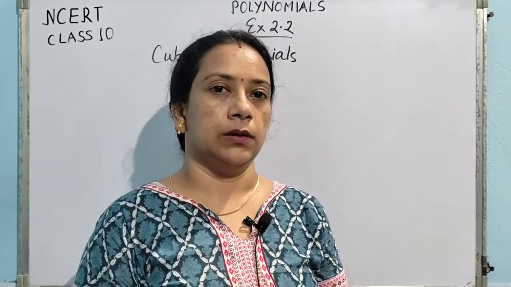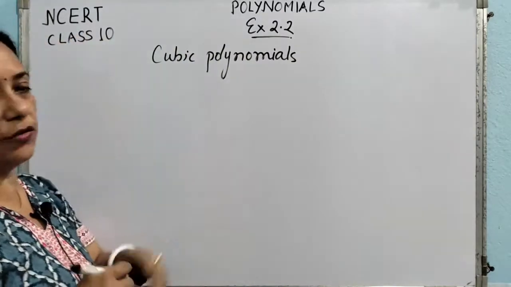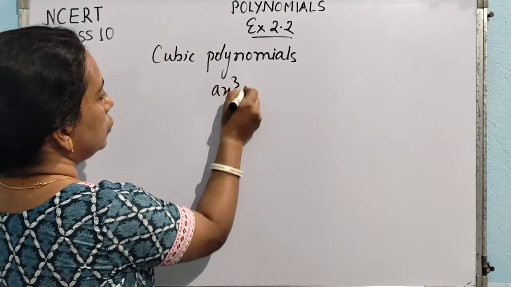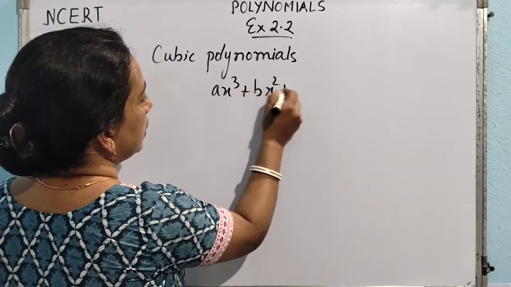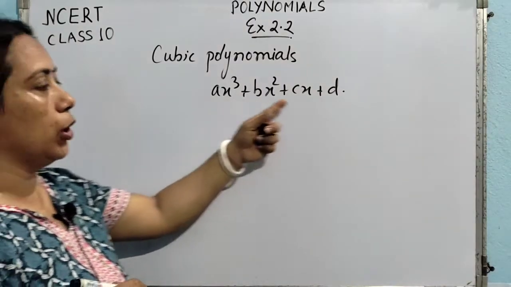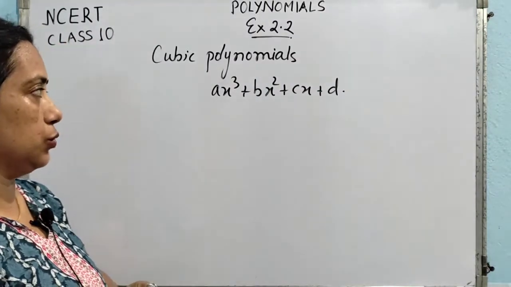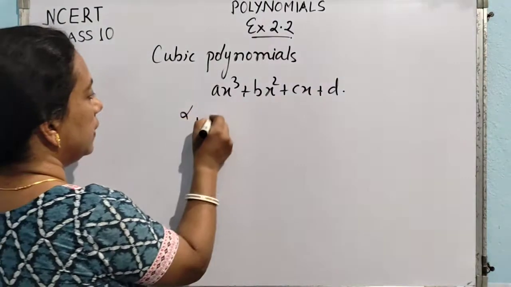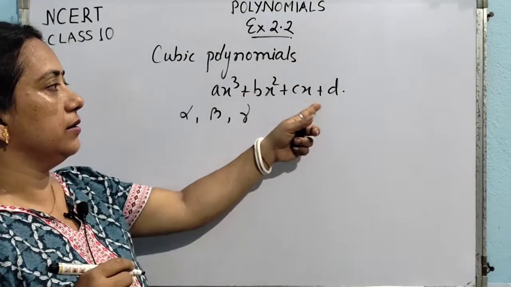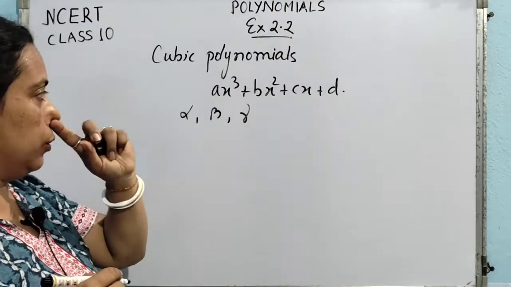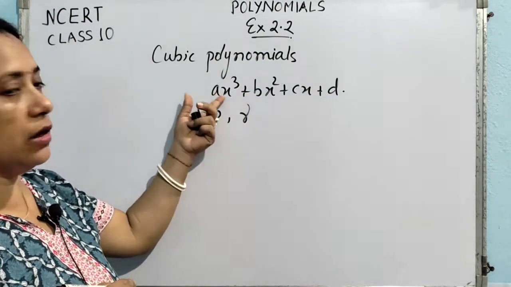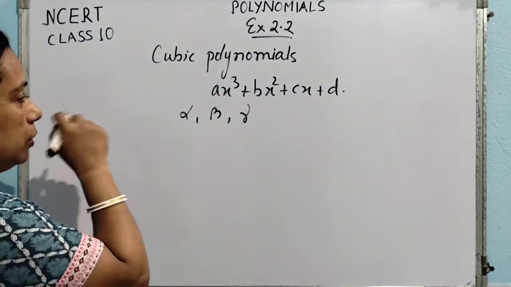Now I am considering the case of cubic polynomials. Suppose our cubic polynomial is ax cube plus bx square plus cx plus d. Since it is a cubic polynomial, it is going to have 3 zeros. If I consider that alpha, beta and gamma are the 3 zeros of this cubic polynomial, then what will be the relation between the zeros and the coefficients of the polynomial?